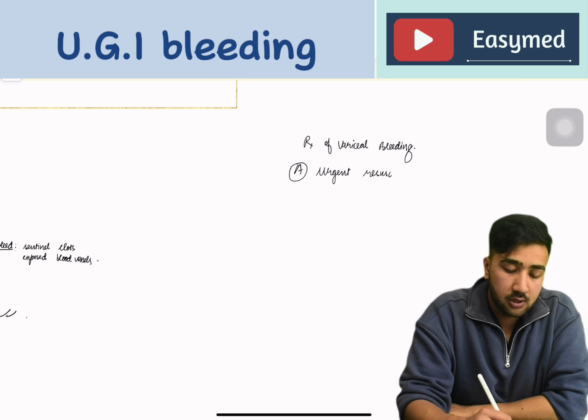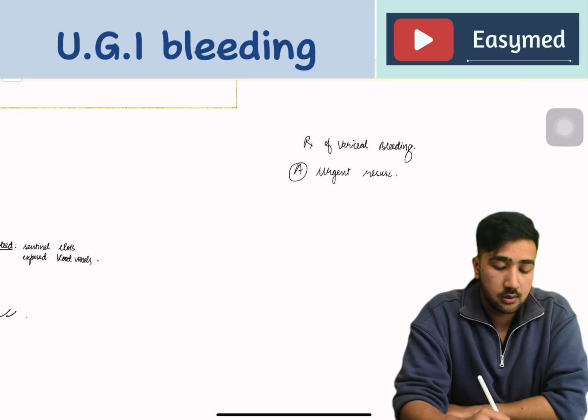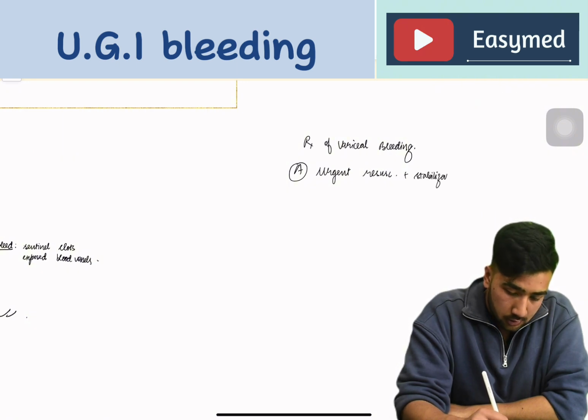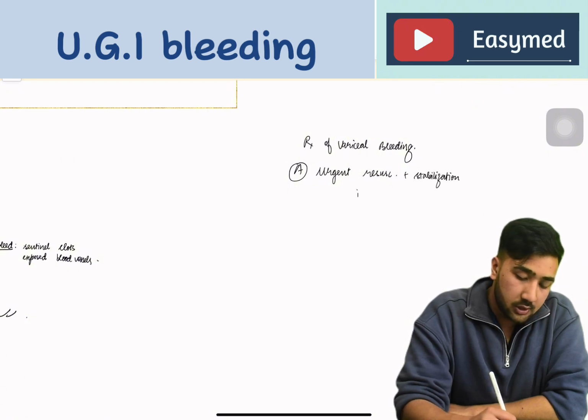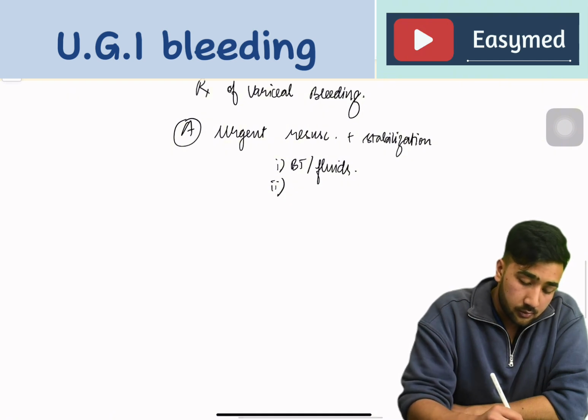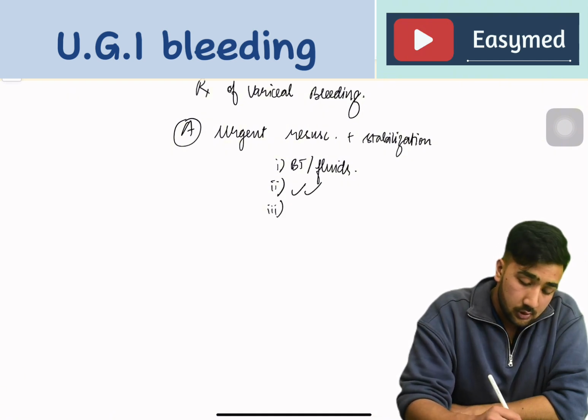In any case of UGI bleeding, in any bleeding, our first management is hemodynamic stabilization. For this, we initially give blood transfusion, fluids and everything, as mentioned above. Then vitamin K and PPI as mentioned above.